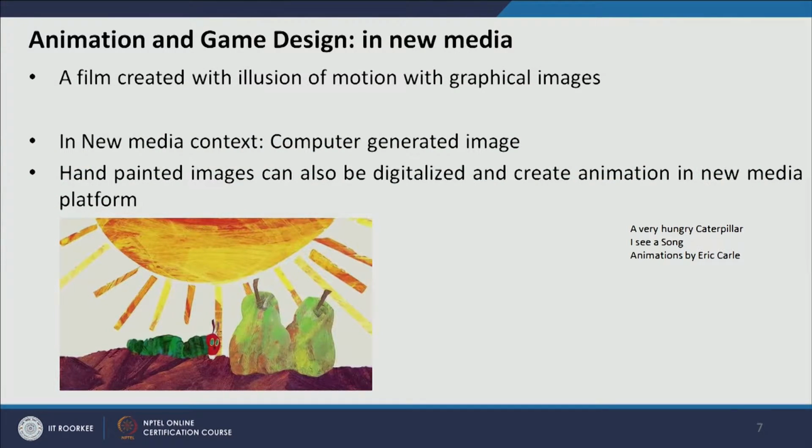Here in this process, acrylic sheets are used as a base, and acrylic colors are used on each and every acrylic sheet to paint each and every frame. Then each and every frame was shot, and more than 24 frames were repeated per second, and the animation is created by that process.